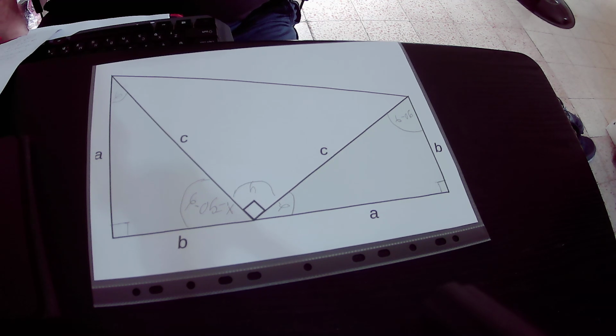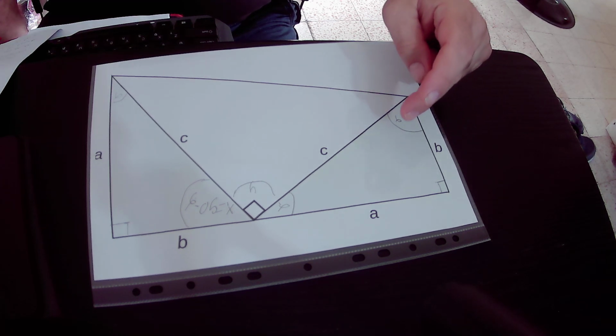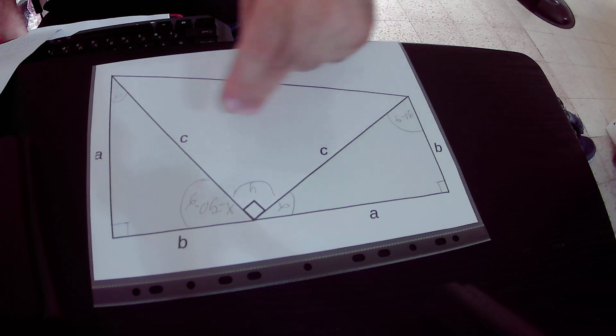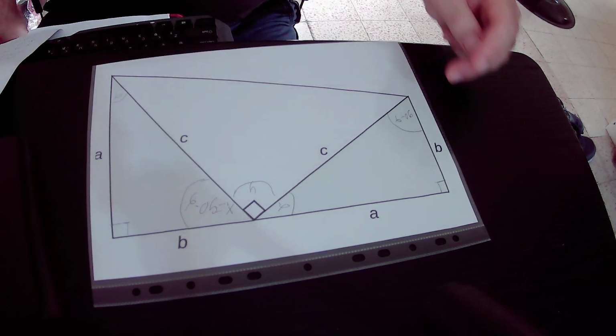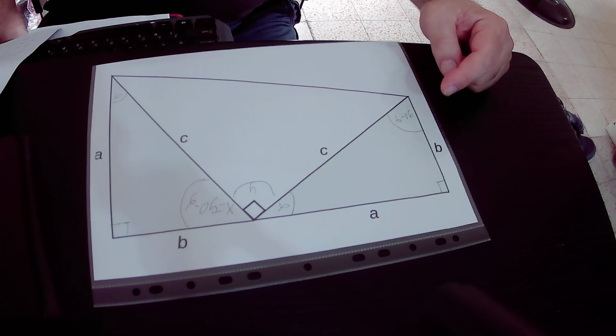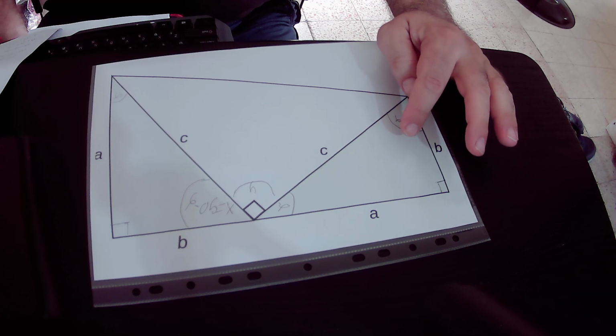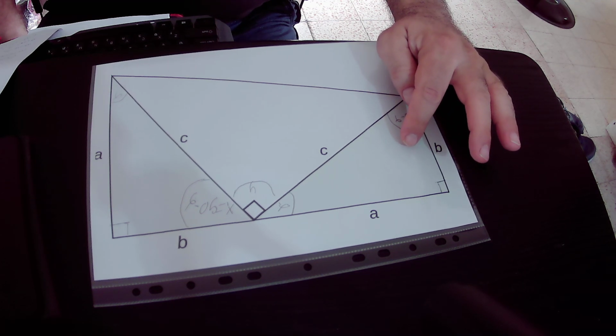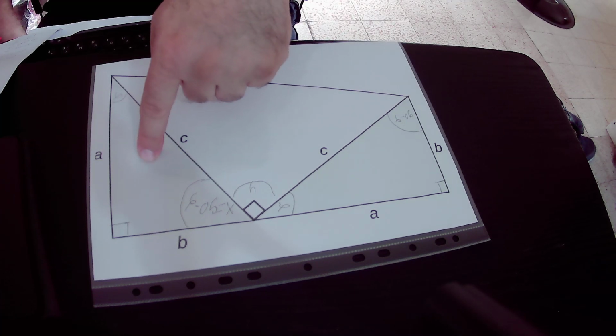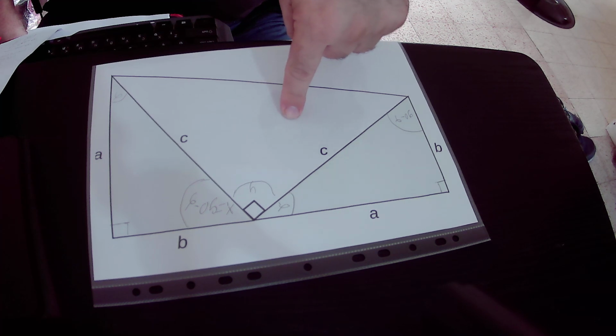The second way to calculate the area of the trapezoid is the sum of these 3 triangles: the area of this triangle is a times b divided by 2, and so is the area of this triangle, and the area of this triangle is c times c divided by 2.